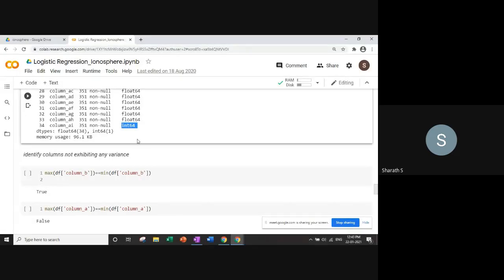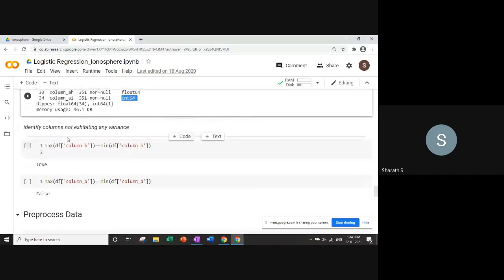The target, which was earlier an object, we did a target encoding, which is a label encoding. Instead of an object, it has now become an integer variable, either 0 or 1: 0 for bad, 1 for good, and so on. That is how you do a transformation of your data.